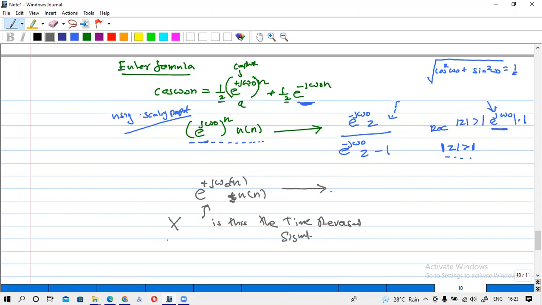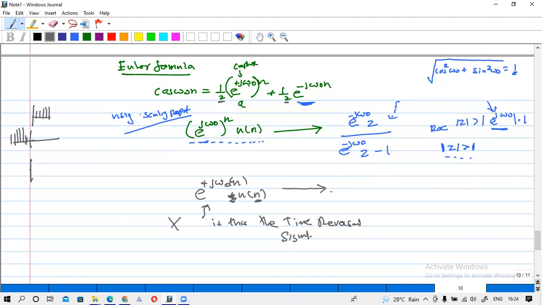Actually, it is not, because this is not reversed. If you time reverse a signal multiplied by u[n], the original signal is a causal signal, but the time reversal signal should be an anti-causal signal. Here it will not be anti-causal, it will be a causal signal because it is multiplied by u[n].